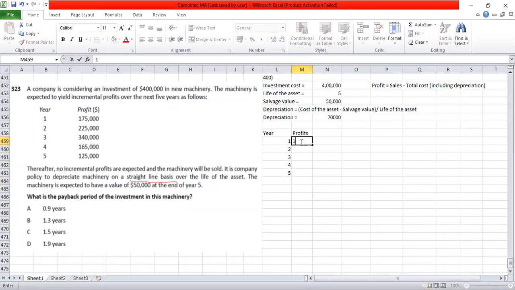And profits are 175,000, then 225,000, then 340,000, 165,000, then 125,000. But what is profit? Profit is equal to sales minus cash expenses minus depreciation.